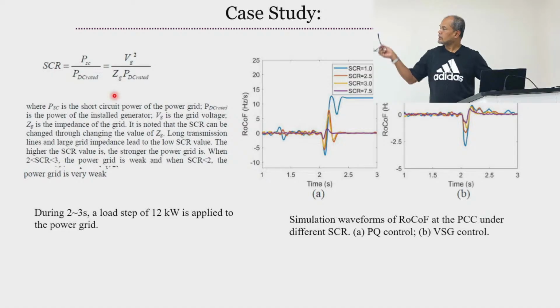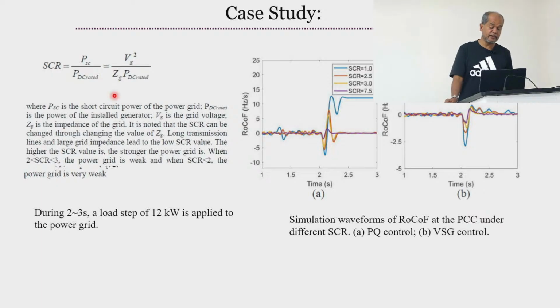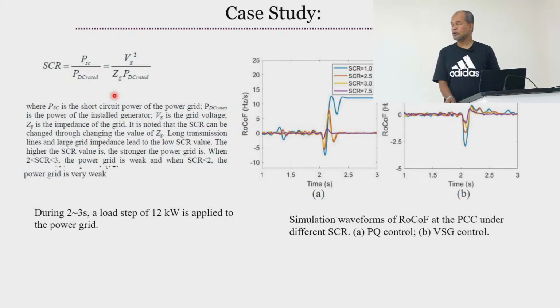As I said, this is not that difficult. This is one way, but also fault current contribution can be used. It's better to do it. And once the grid is weak, then we have to go for grid forming, which I'm going to discuss later. Thanks for your attention.